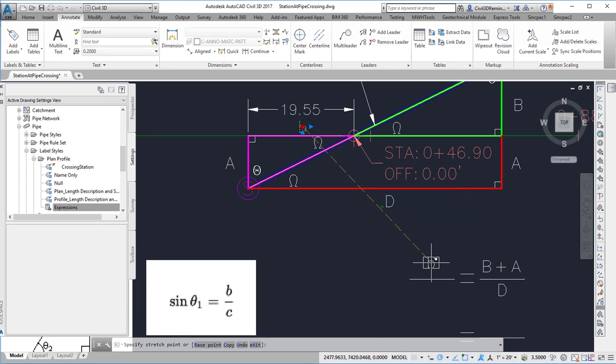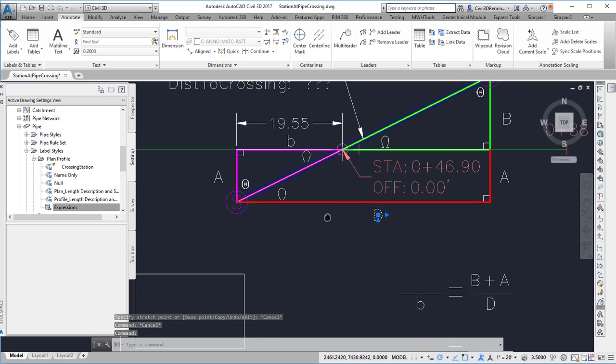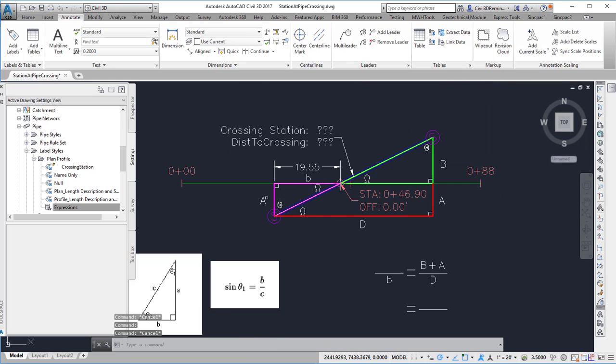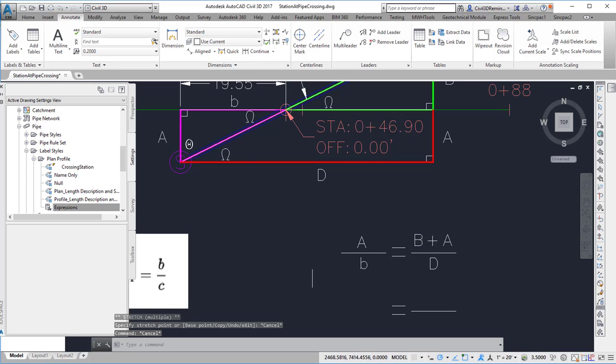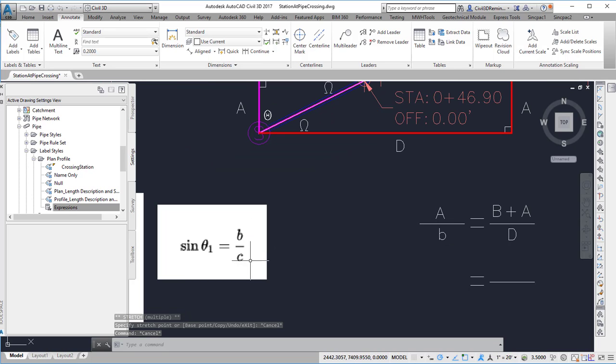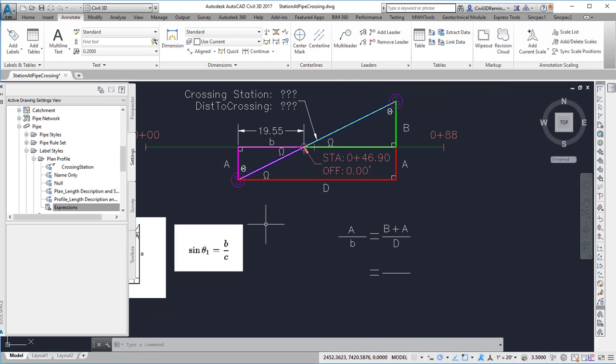So that's going to come over here and be on the bottom, because that's going to represent the same D value for the similar triangles. And then the A value is going to be over here. So that's my formula based on similar triangles where B divided by C is equal to sine, or in my case, omega.